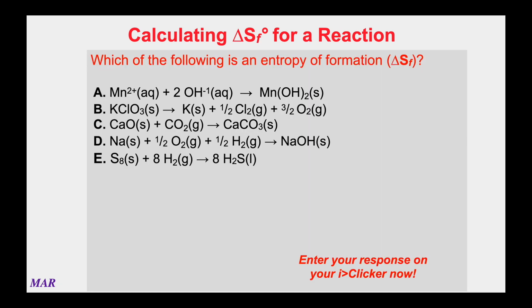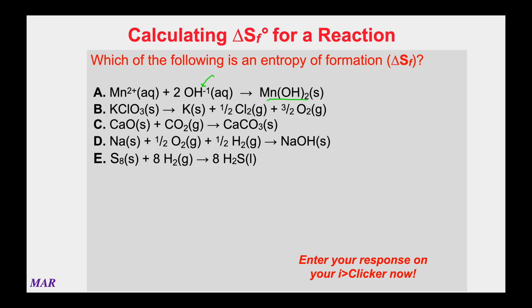Which of the following is the reaction for an entropy of formation? Now remember that to have an entropy of formation, or any formation for that matter, you can have 1 mole and 1 mole only of products, and all of the reactants must be elements in their standard states. So if you look at the first one there, making manganese 2 hydroxide, well, we do have 1 mole of product. That's cool.